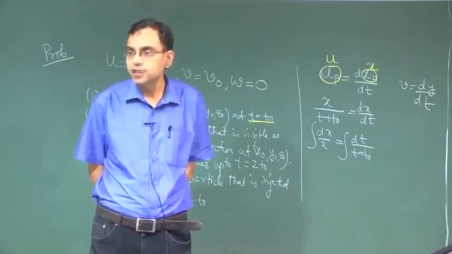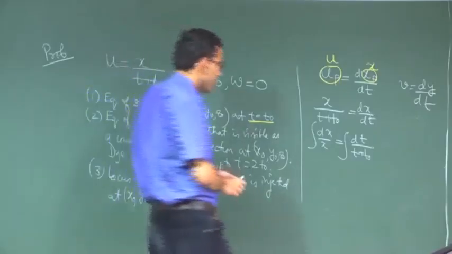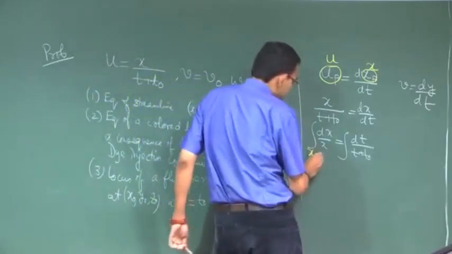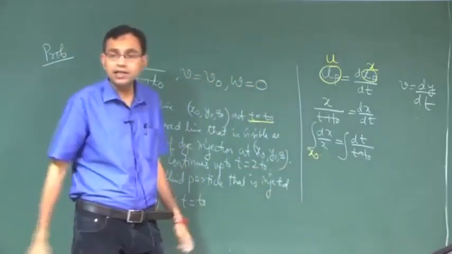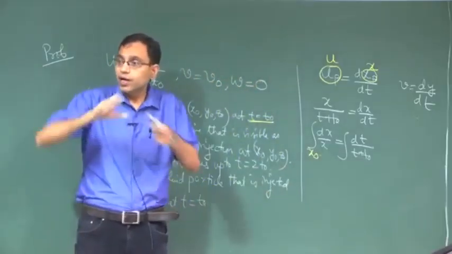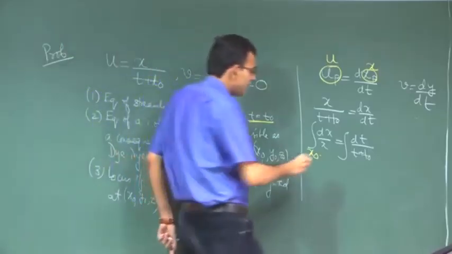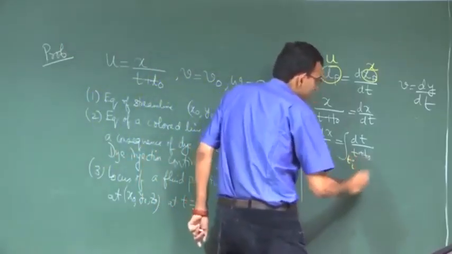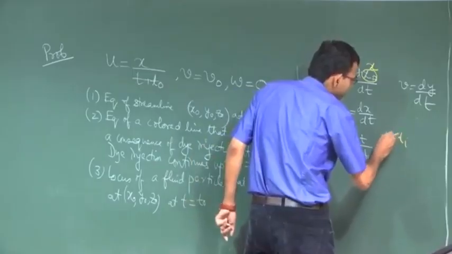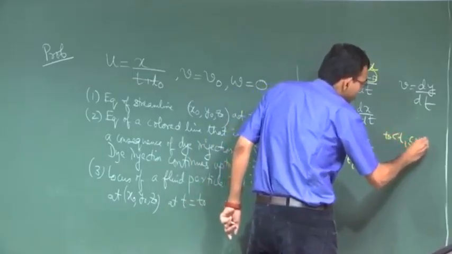At x equal to x0. At what time is it injected? Over a period of time which is variable. So it is a time ti, where ti goes from t0 to the final time 2t0.